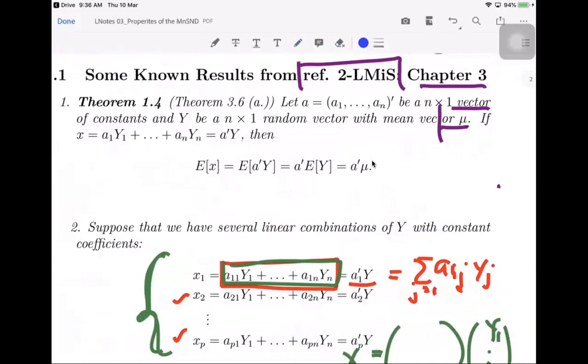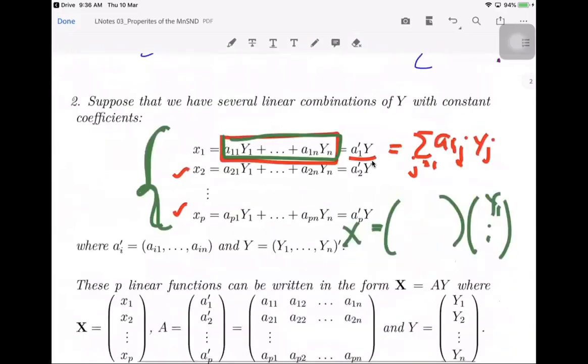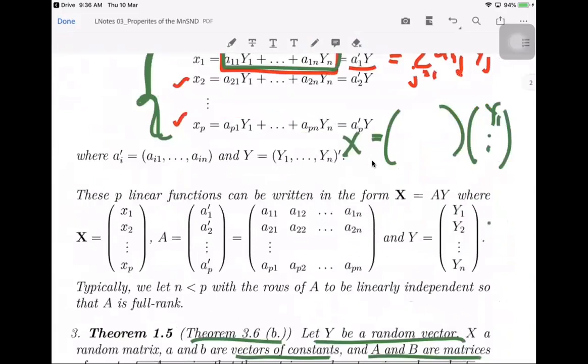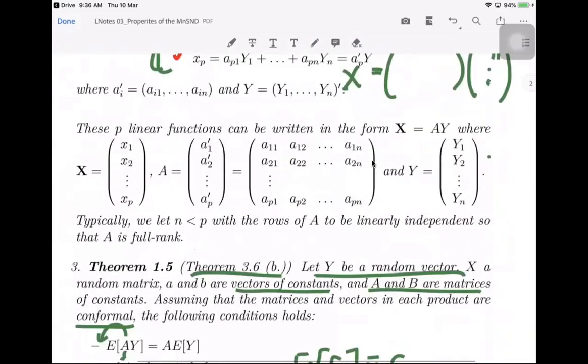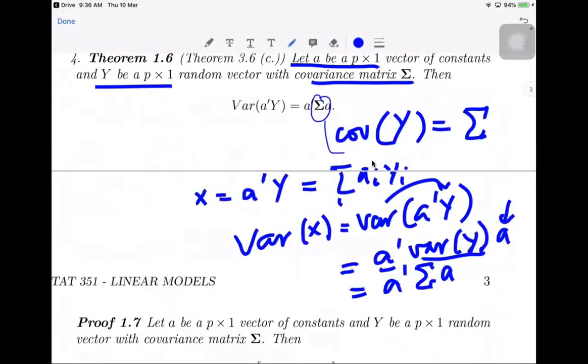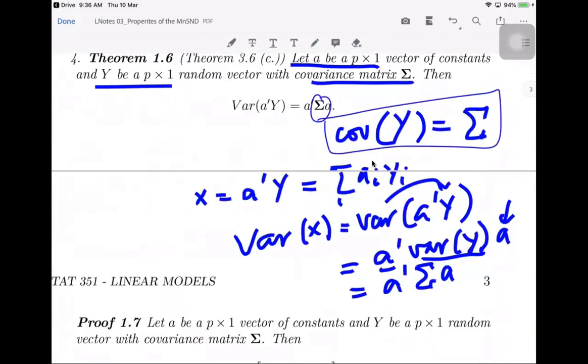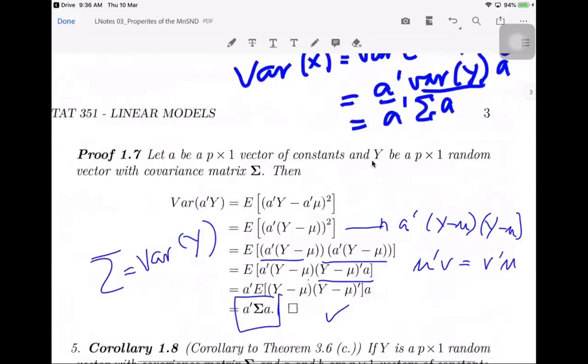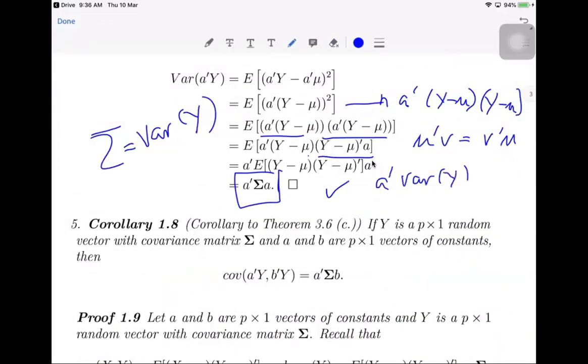So this notation is not summation but the variance of y. So this is equivalent to a prime variance of y, because this is y minus mu, and then a.